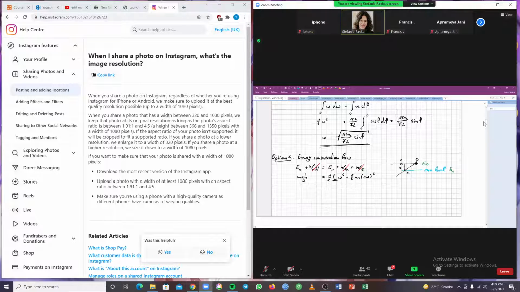So our height can be derived using the angle and the distance e. Then h is equal to e times sine phi.